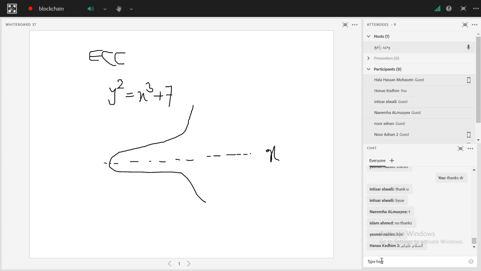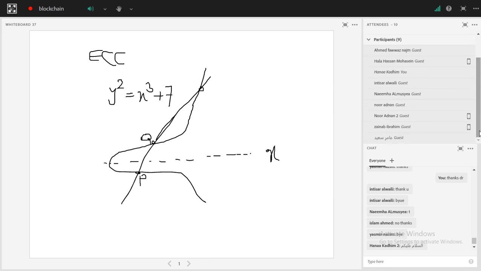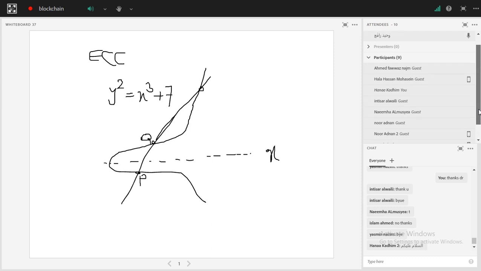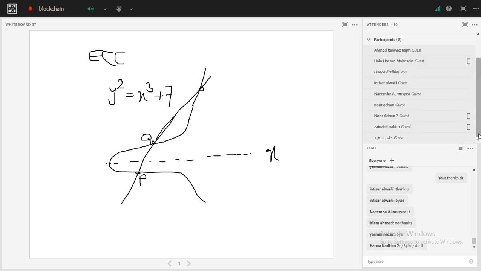Now if we draw some lines like this, these lines may cut this curve in 3 points or 2 points or just 1 point.